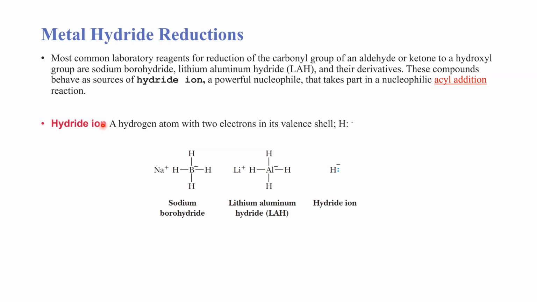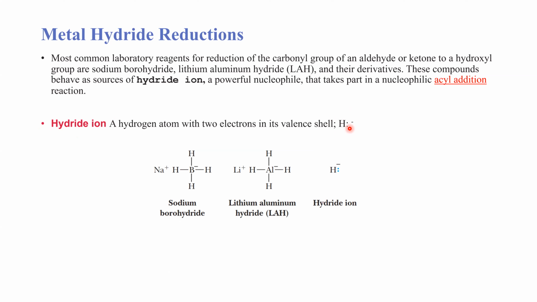Hydride ion may be a very new thing to you. You may have assumed hydrogen is always positive, but hydrogen does exist as a negative species too, depending on its environment. We know hydrogen contains one electron in its valence shell.